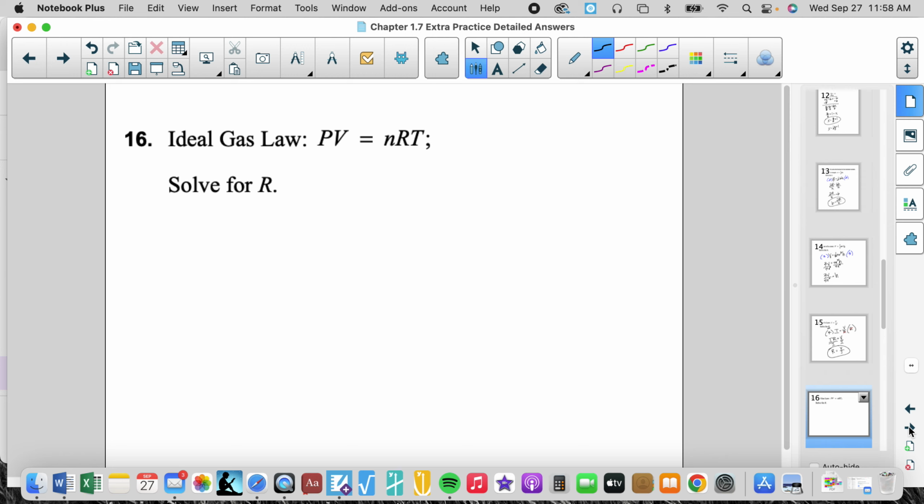This one, ideal gas law. I don't know this one. I've never seen this gas law. I have no idea what P, V, lowercase n, uppercase R, and uppercase T are. I don't know. But we're solving for R again. So watch this.